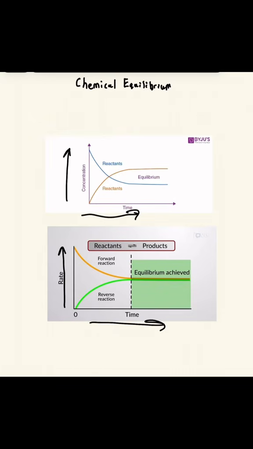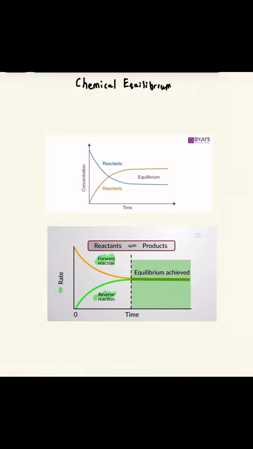as well. Alright, so the definition of chemical equilibrium is when the rates of the forward and the reverse reaction are actually equal. So if we look at the bottom one here, we can see that there is a forward reaction and a reverse reaction. Forward and reverse.